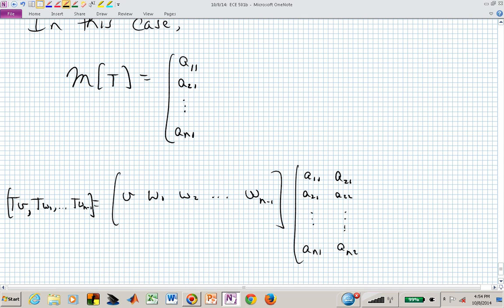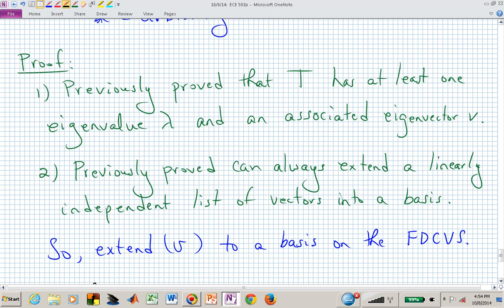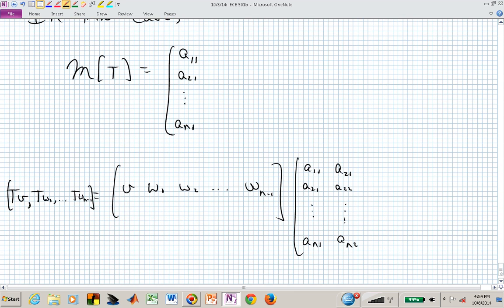V was an eigenvector, wasn't it? Because we said we can find at least one eigenvalue for this operator T. The one eigenvalue we said is lambda, and we found an eigenvector V. We said the eigenvector associated with lambda is V. And now I'm saying we have TV equaling some linear combination of these basis vectors, and we need to combine those using this first column of A's.